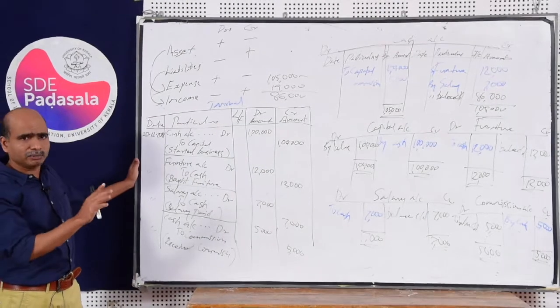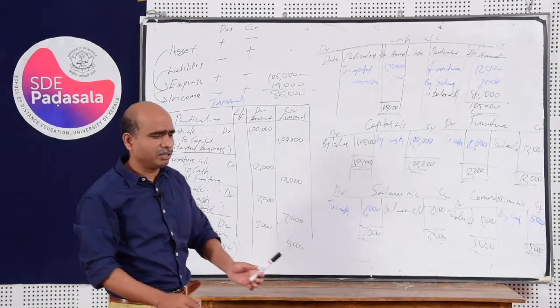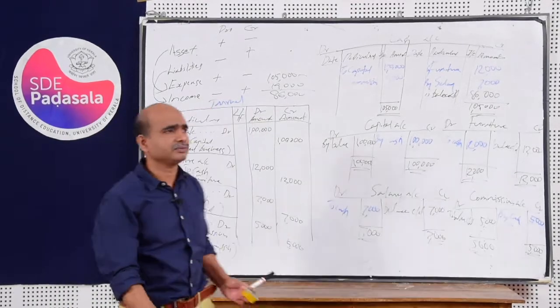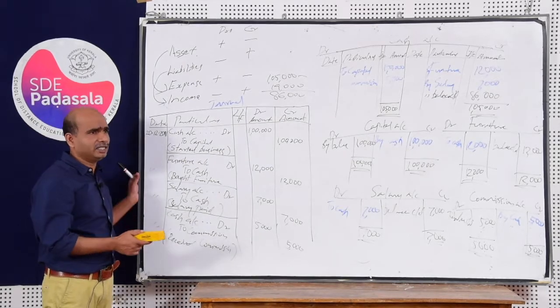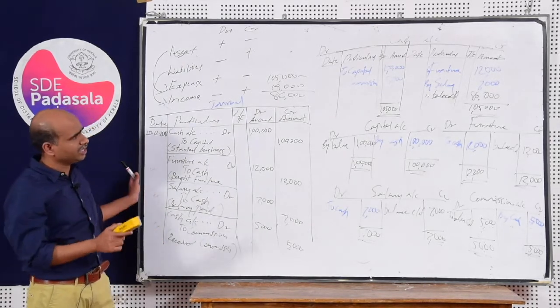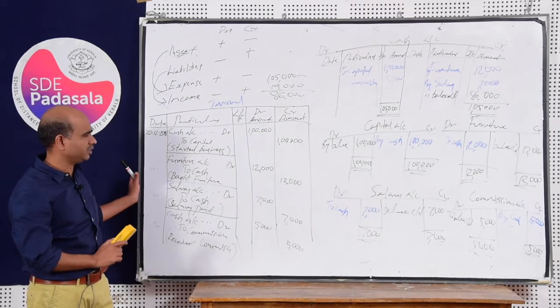So, in order to know the arithmetical accuracy, we are preparing a statement known as trial balance. If the trial balance is equal in the debit and credit side, if both sides are equal, it means that the principles we used are correct, otherwise there are some errors.